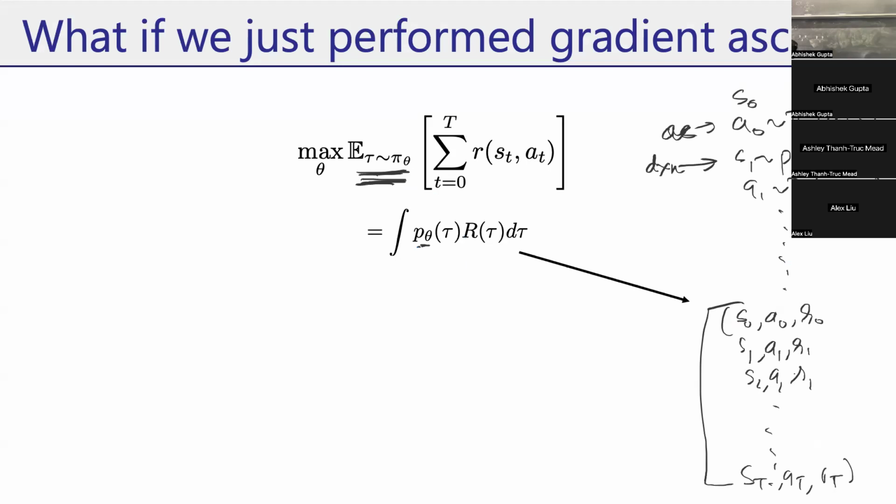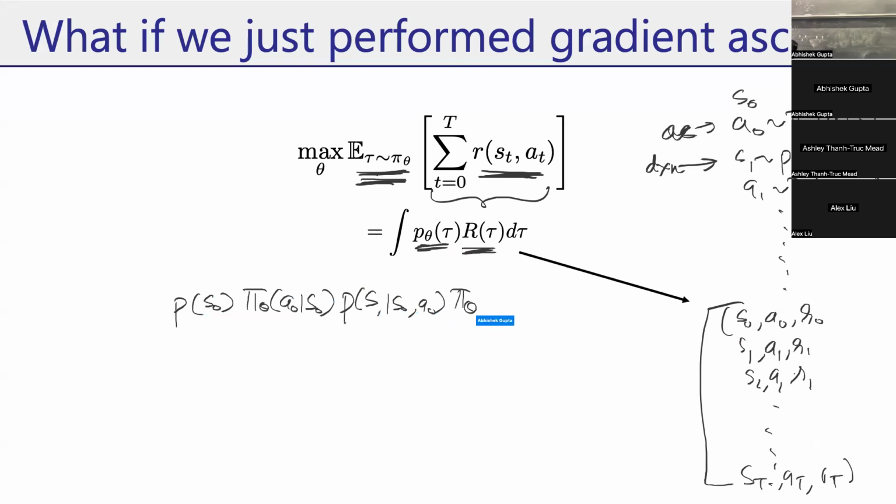Okay, so we're going to use a little bit of shorthand here to make our life easier. R tau is going to be the sum of rewards in a trajectory, right? So let's say you have trajectory tau, R tau is going to be the sum of rewards in the trajectory. And P theta tau is going to be the probability of a trajectory. The probability of a trajectory can be written as the probability of the first state times the probability of the first action times the probability of the next state times the probability of the next action, and so on, right?